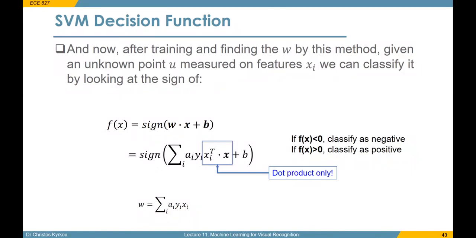The key thing here again is that the data points from the training set, the support vectors, and the input appear in the form of a dot product. And again, you can also pre-compute w to gain speed and be more efficient.